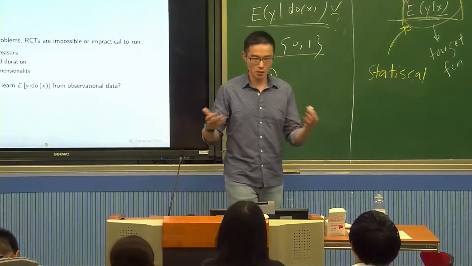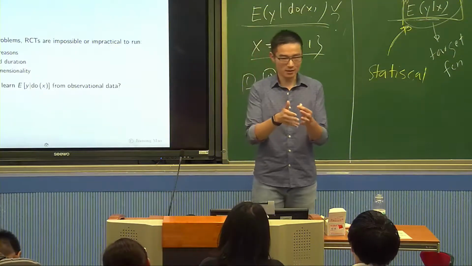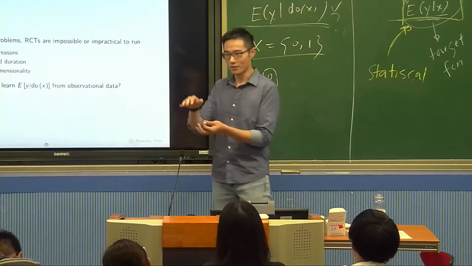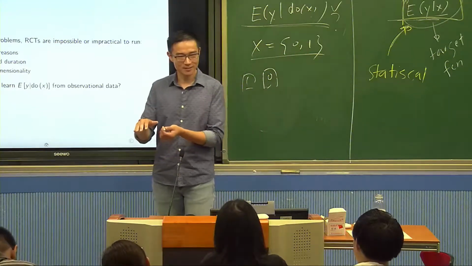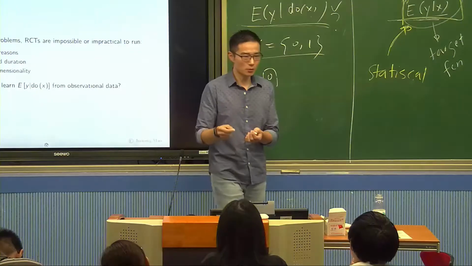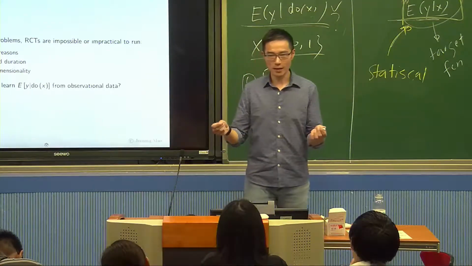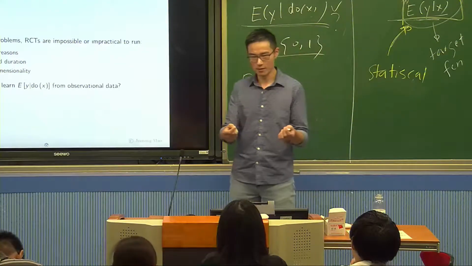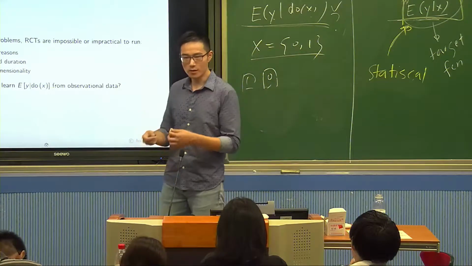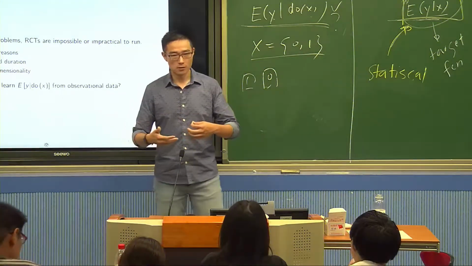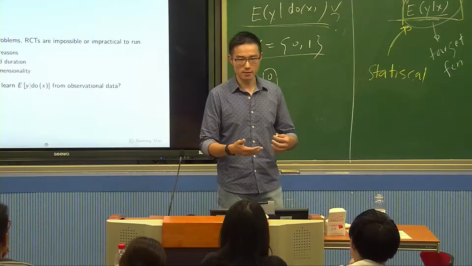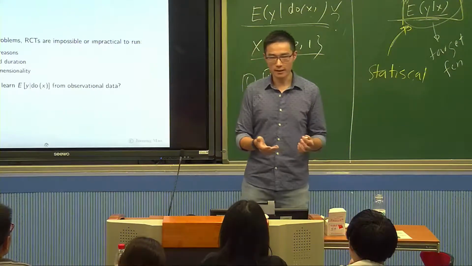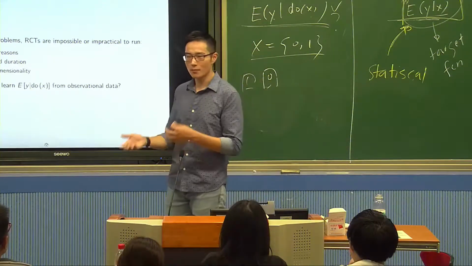The problem is you are a very specific group, right? You're young, you're college kids, you're in China, and the result I get from you probably does not apply to any other group in another region. So if I'm interested in the effect of giving a loan to poverty-stricken areas in sub-Saharan Africa, and I do an experiment on you guys, the result probably does not apply.